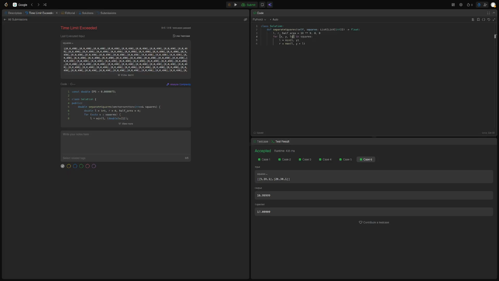Half area plus equals length times length divided by 2 while.